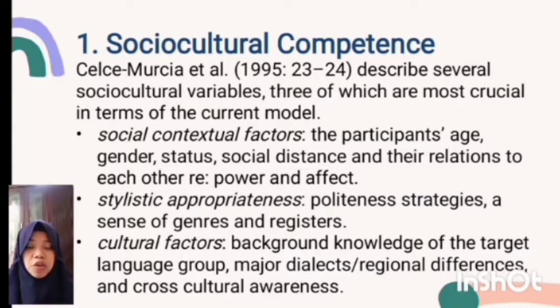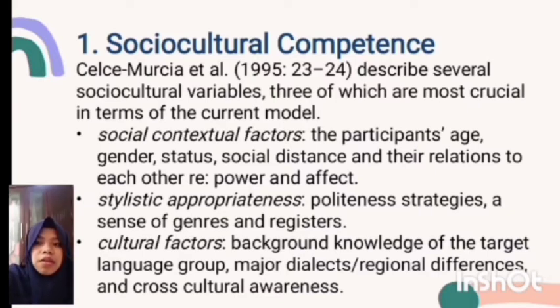Number one is sociocultural competence. Sociocultural competence refers to the speaker's pragmatic knowledge. Celce-Murcia et al. describe several sociocultural variables, three of which are most crucial in terms of the current model.